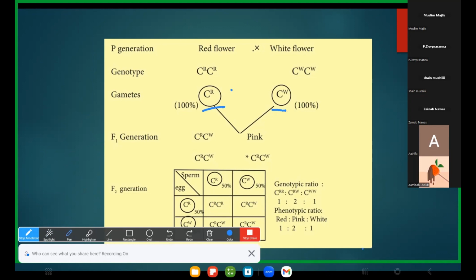And when they form the offspring of the F1 generation, the offspring has the allele combination CR and CW. CR is the allele responsible for producing red color pigments, and CW is the allele responsible for not producing red color pigments. So when there is only one allele responsible for producing red pigment, this flower expresses the color red less than the homozygous state. This sort of situation we call incomplete dominance.